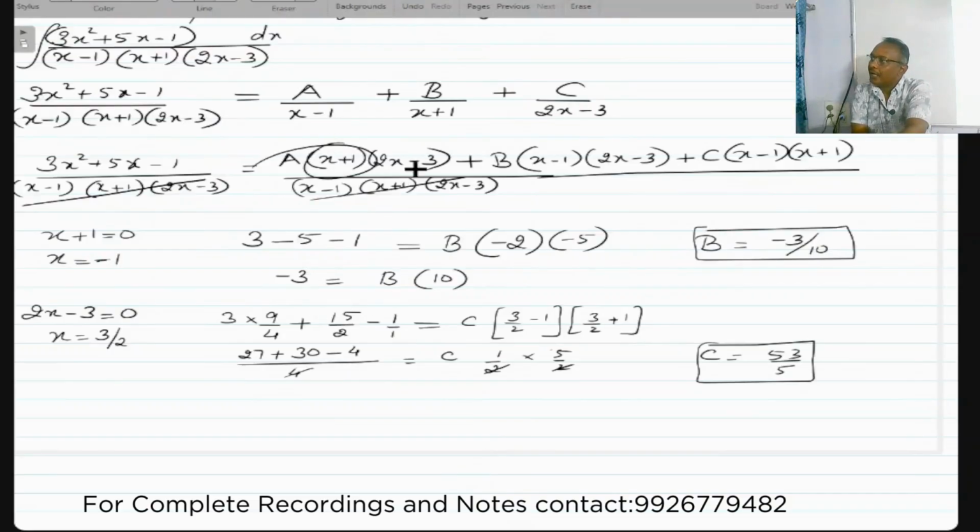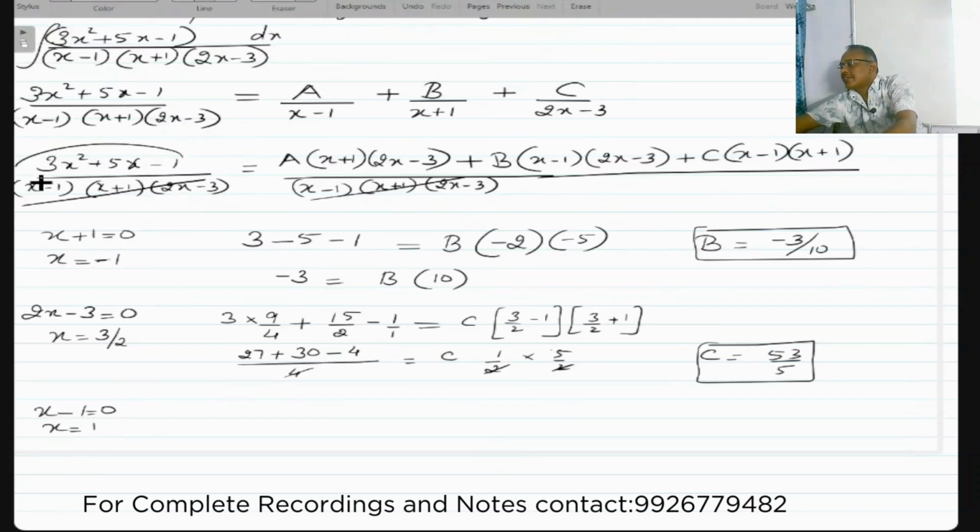This one has had its chance, this one has had its chance, only this one has not got a chance. So I put x minus 1 as 0, which means x has value 1. Put the value of x as 1 here. 3 plus 5 minus 1. This term will become 0. This term will become 0.